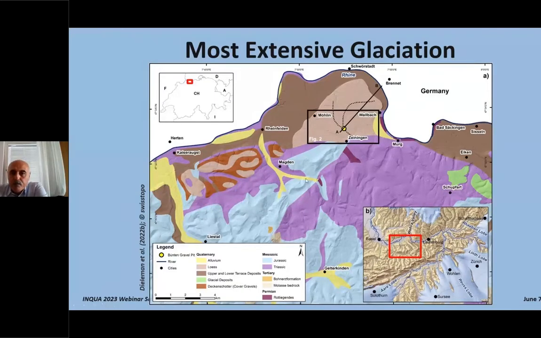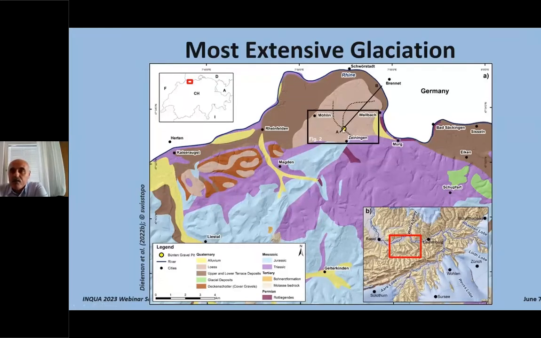The blue and violet colors are the bedrock here. Then you have the Deckenschotter deposits, the old ones. Then you have these low and high terrace deposits, which are overlain by a loess layer. And these dashed lines were attributed to the terminal moraines of the most extensive glaciation at the time, but recently it was found out that this is not the case anymore.